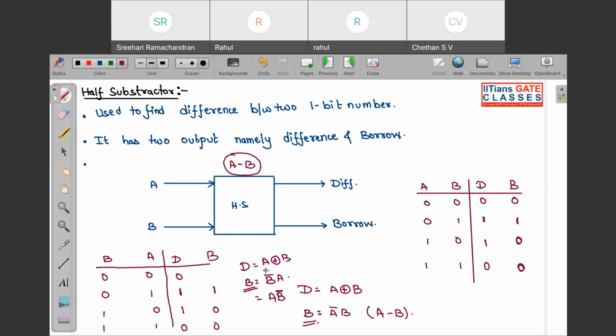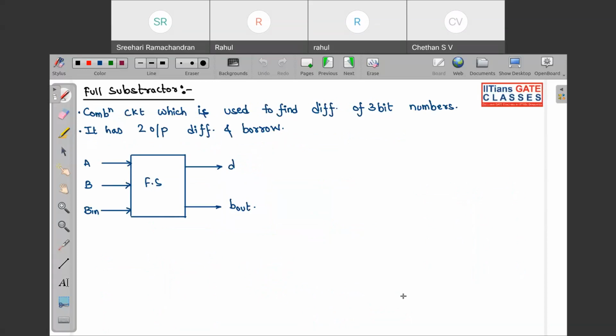If it is said A is subtracted from B, then you need to write borrow as B complement A. If it is said B is subtracted from A, then you need to write borrow as A complement B. Take care of this, because in a lot of theoretical questions I have seen they ask this kind of question and students get confused.